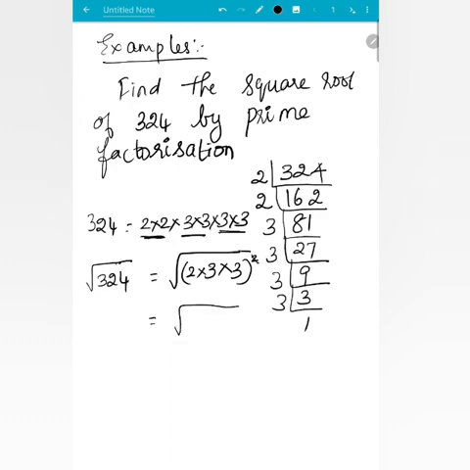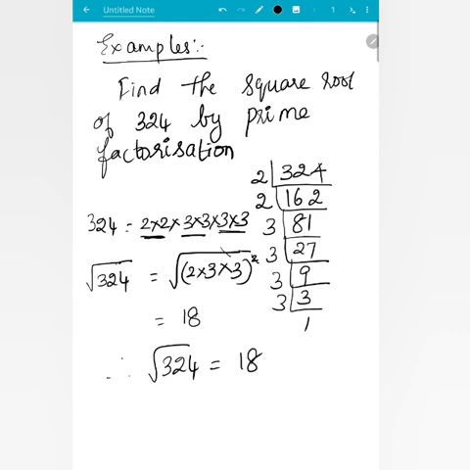This square and this root will automatically cancel, so no need to write this. What is remaining? 2 3s are 6, 6 3s are 18. Therefore, root of 324 is nothing but 18.